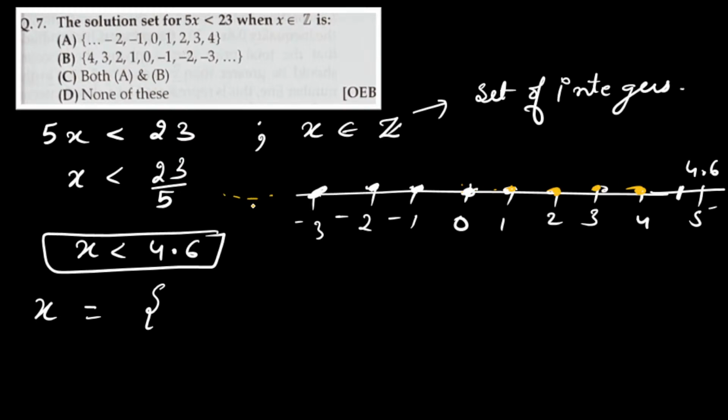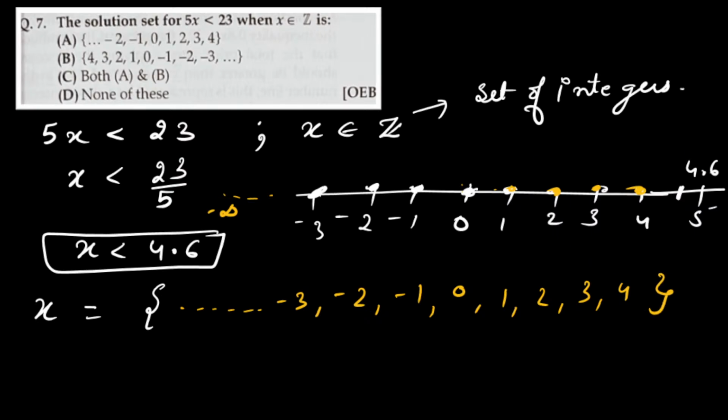It will go till negative infinity, because here there is no boundary. It is only x is less than 4.6. So all negative integers will be there, then -3, -2, -1, 0, 1, 2, 3, 4. 4 is included because here x should be less than 4.6. So less than 4.6, all the integers I have to include, where 4 is also an integer. So this is the solution.